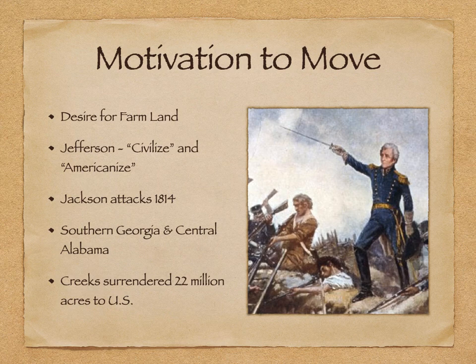Thomas Jefferson himself talked about the need to civilize these Native Americans, to get them to assimilate into American society, to Americanize these folks, to bring them into line with the cultural beliefs of the time. That goes against, if you remember last unit, this idea of the melting pot.